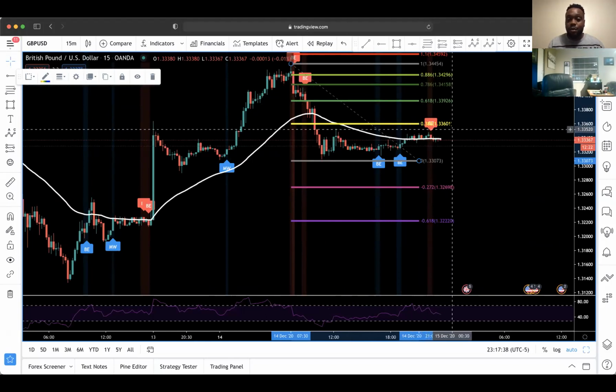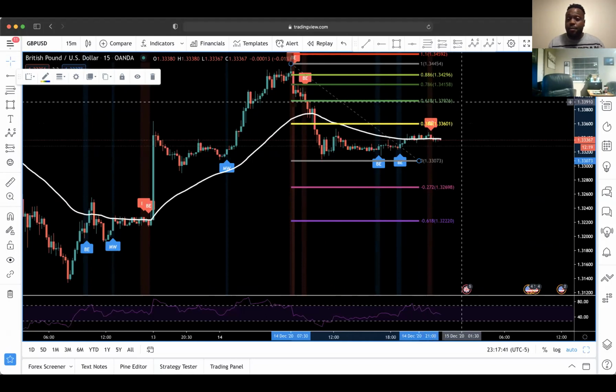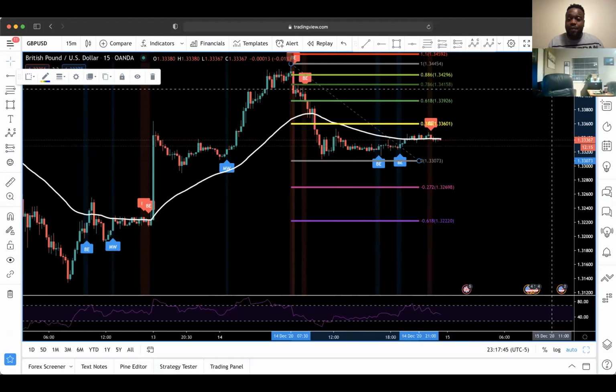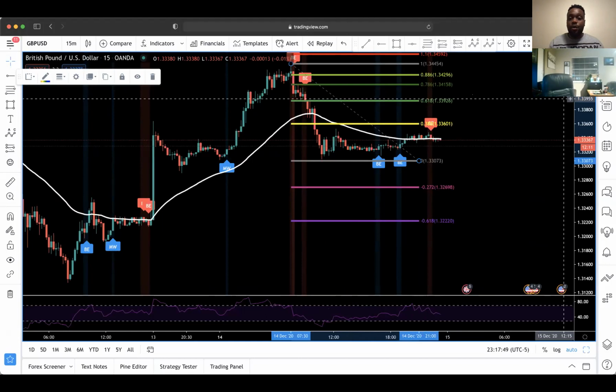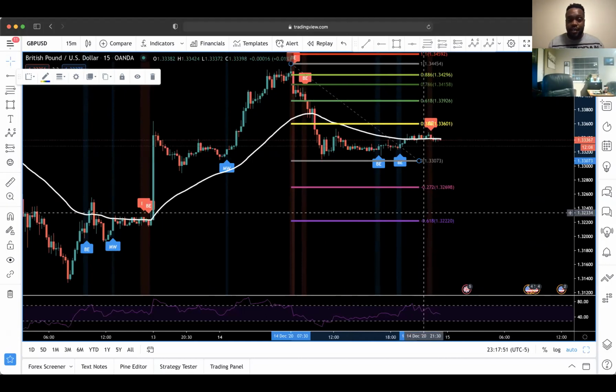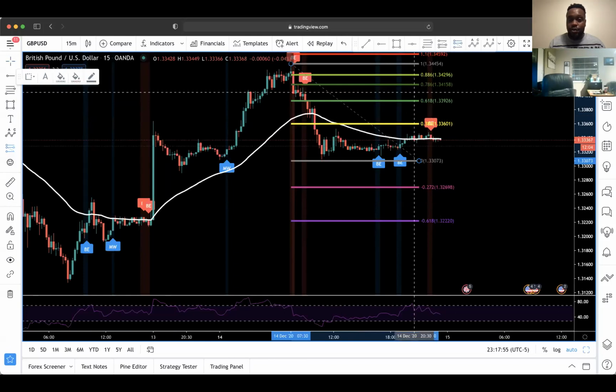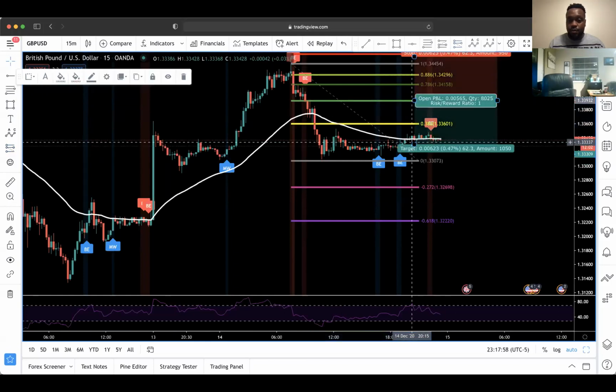So if I'm expecting one more push up, I may put my pending order right here at the 133, or maybe even the even number 134, right? Go to sleep with my stop loss up here, TP down here. Let's see this real quick. Is that a 2-to-1 risk to reward ratio?